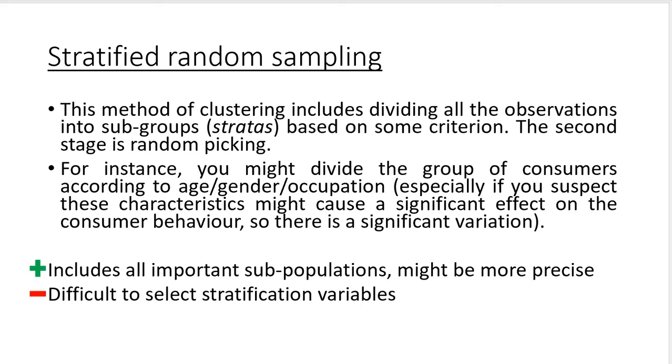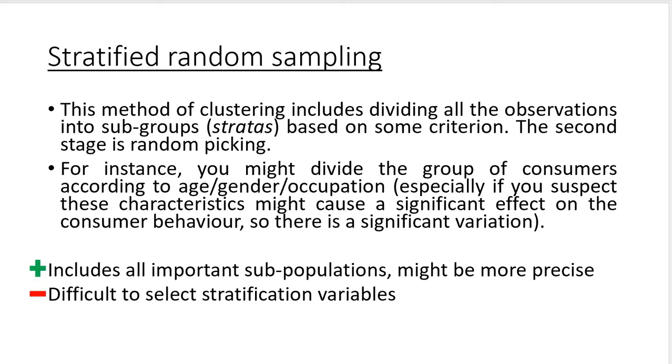You can go for additional stratification if you also hypothesize that age has some effect. So you divide people into 3 subgroups according to age, let's say between 18 and 30, between 30 and 50, and older than 50. And then if you also include gender, you have 6 stratas, and so on and so forth.